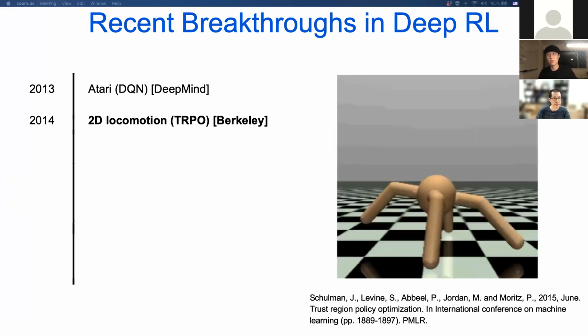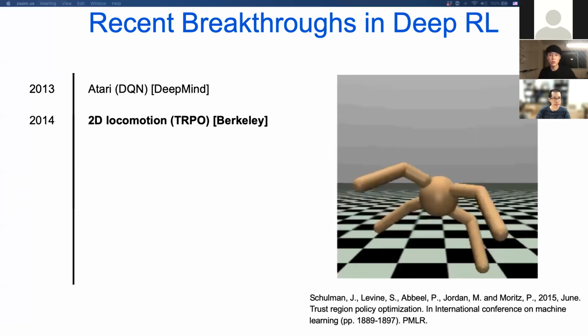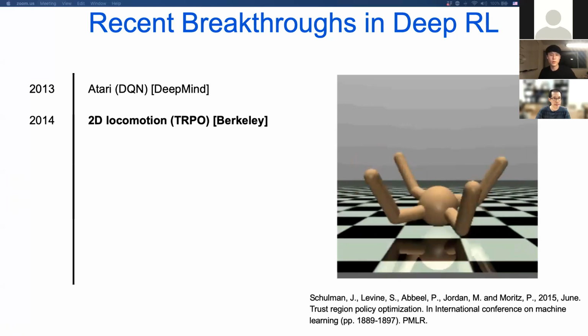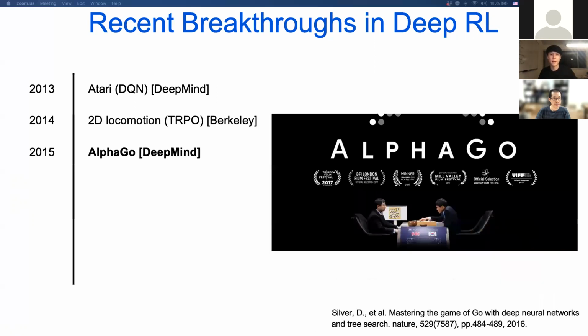And in 2014, Berkeley showed that we can solve continuous control tasks by proposing on-policy methods like TRPO. And in 2015, DeepMind released AlphaGo, which mastered the game of Go and defeated Lee Sedol, who was the strongest Go player in the world.